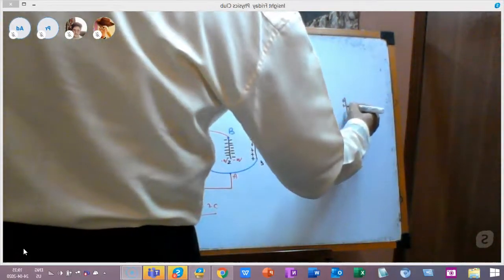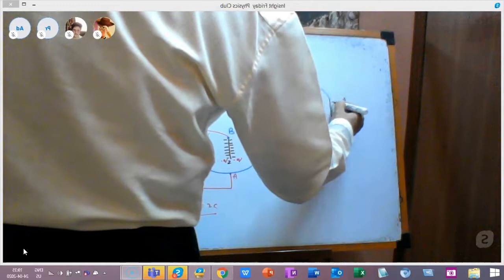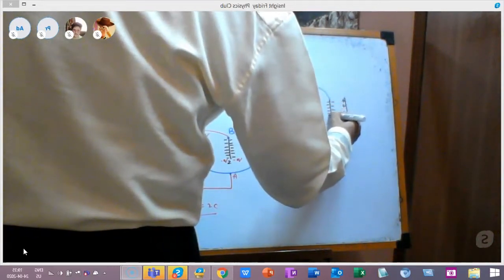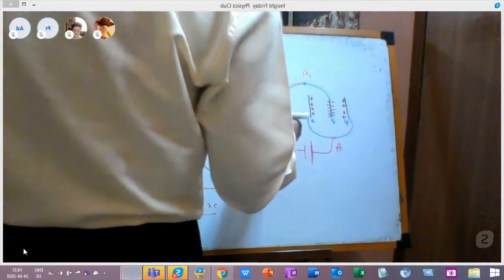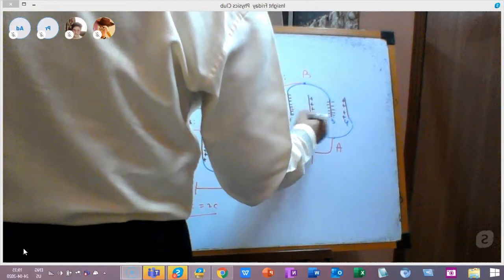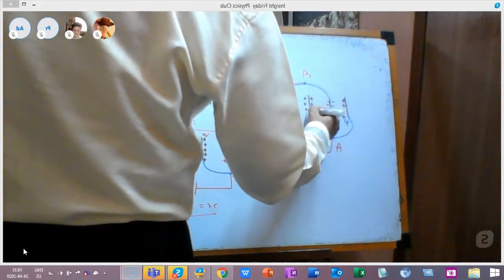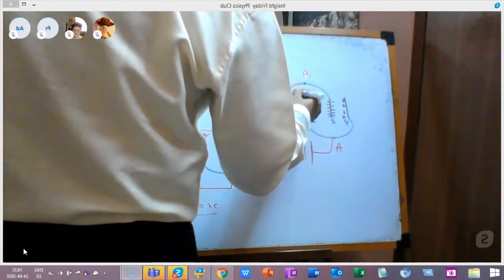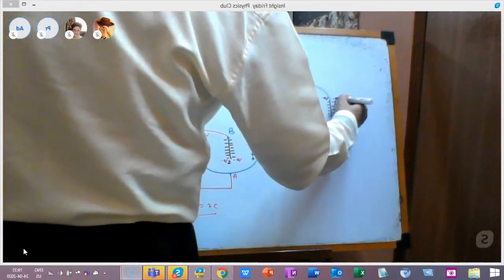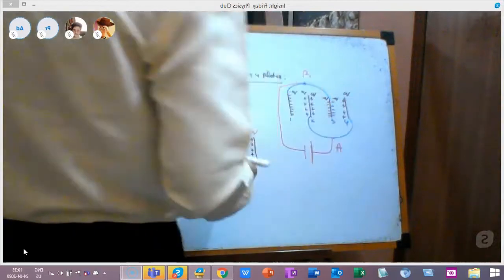Here also plus, plus, plus. This will get minus, this will get minus here. And this one will get minus only because it is joined to the negative terminal. And this one plus, plus, plus. They are equal by induction. If this is minus Q, Q, Q, again minus Q, and this is Q.